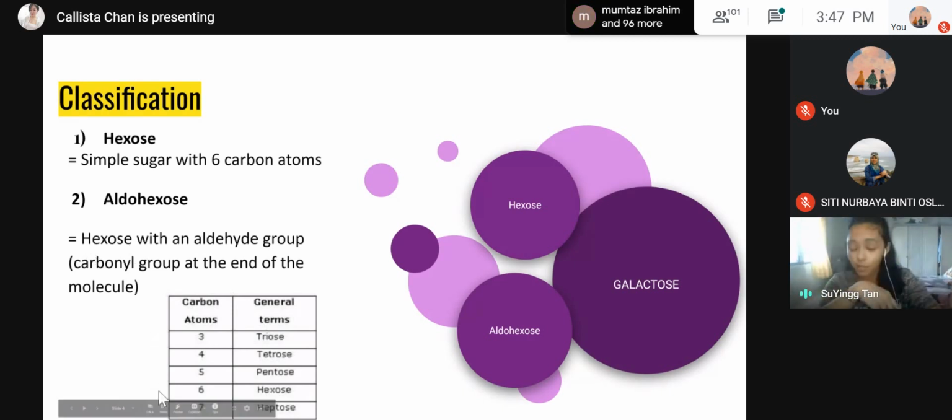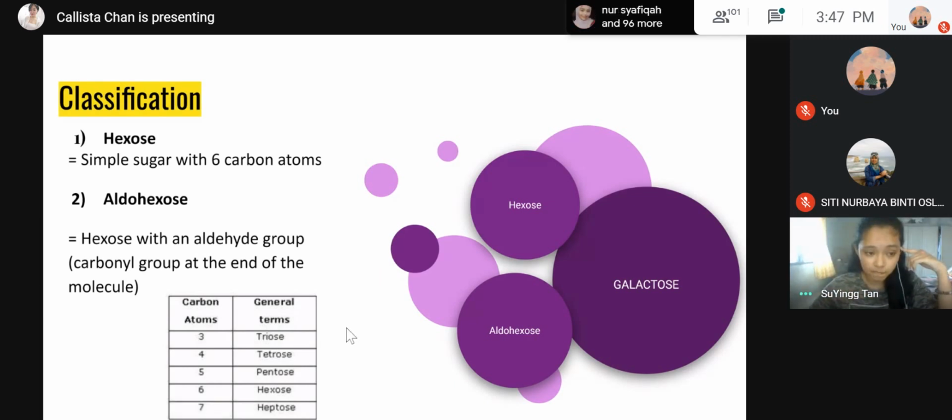So galactose is a 6 carbon sugar. Then the next is aldohexose. Aldo stands for aldehyde group, so an aldohexose is a hexose with an aldehyde group. I'll explain it in the next slide.